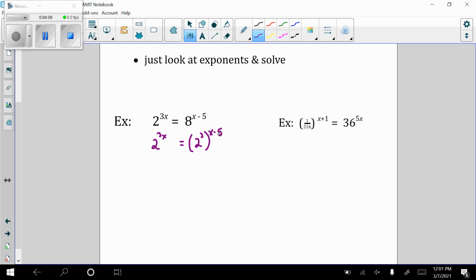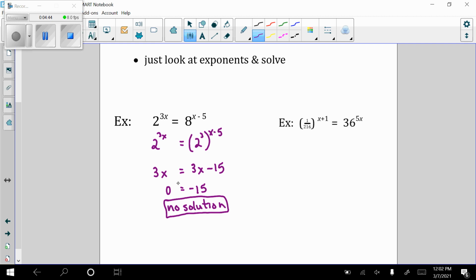So now if I use my power of power properties on the right, I can set my exponents equal to each other. If I distribute 3, I get 3x minus 15. If I bring my x's to the left, I get 0 equals -15, which is a false statement. So this one has no solution. So this is a quick way to solve if you notice the pieces can be changed to a common base.